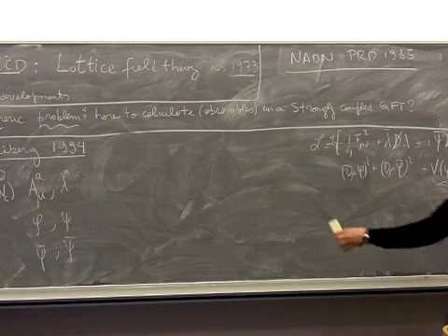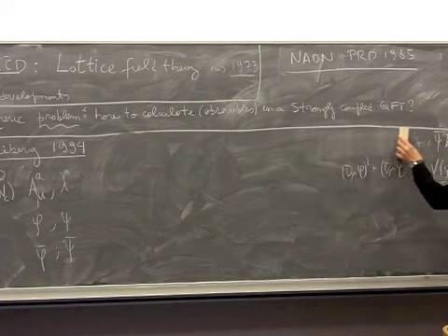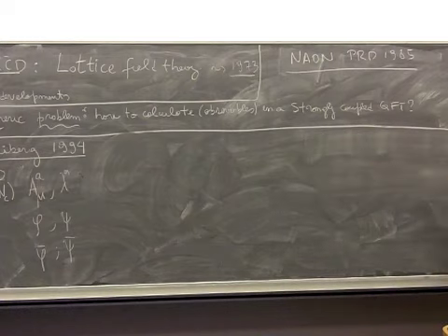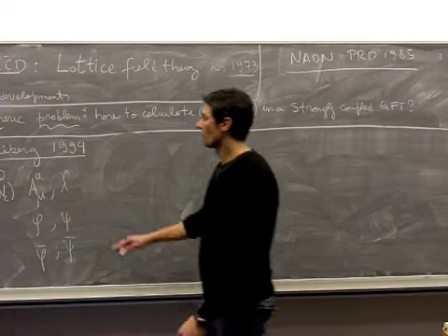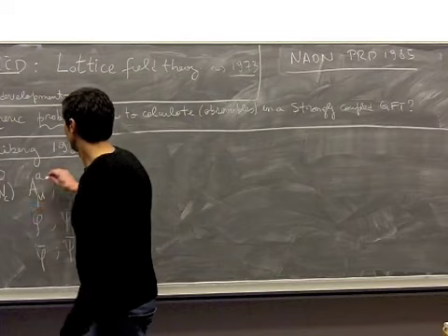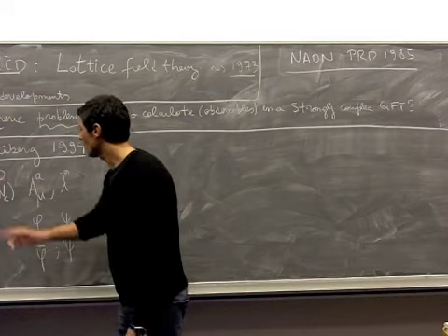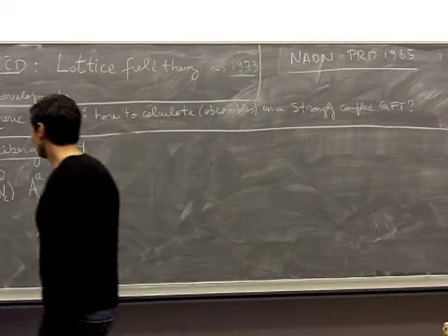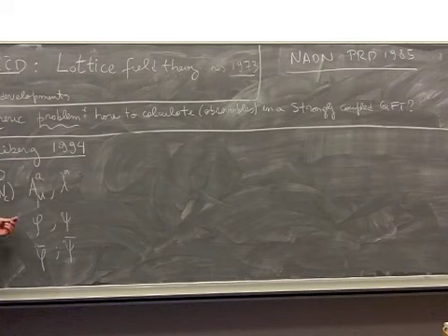So let me erase this Lagrangian. It will play no role. Okay, so here we have a field theory with gauge group SU(Nc). Suppose also that there are Nf quarks and Nf anti-quarks.